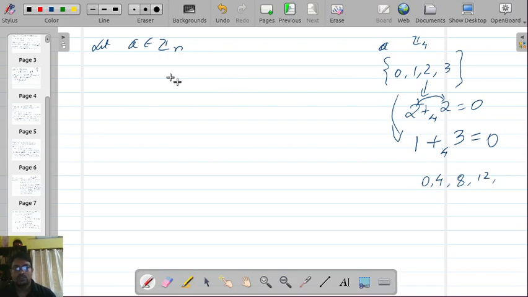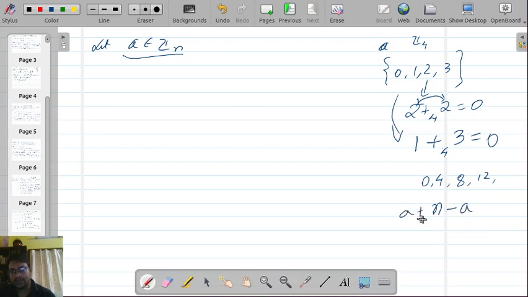So if we take one a inside Zn, the inverse should be such an element which when added with a gives you the number n. Is that possible? For any number a inside Zn, what about the number n minus a?